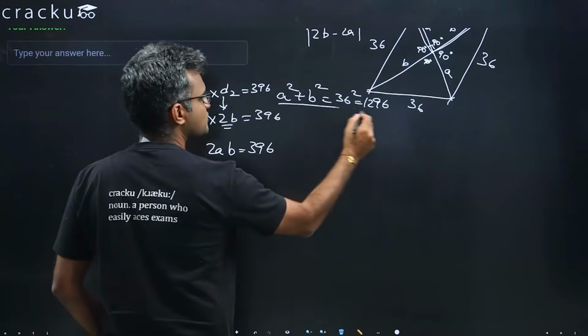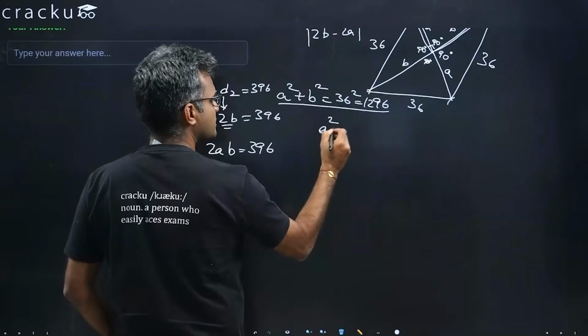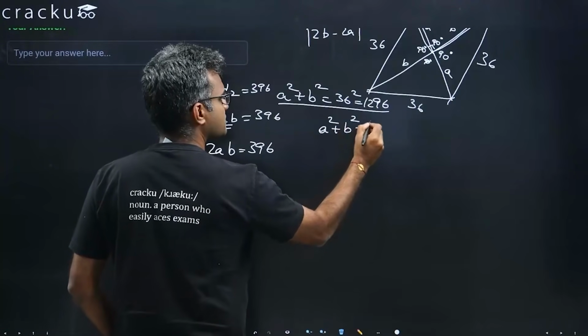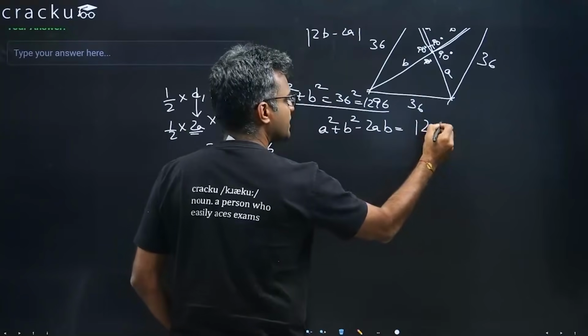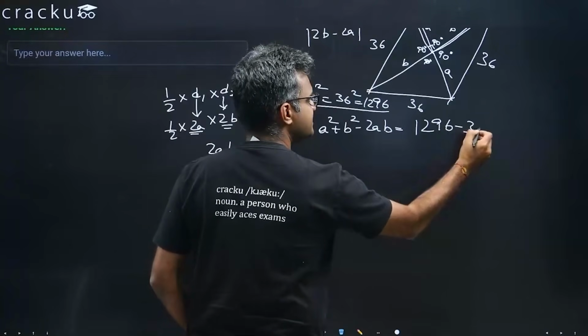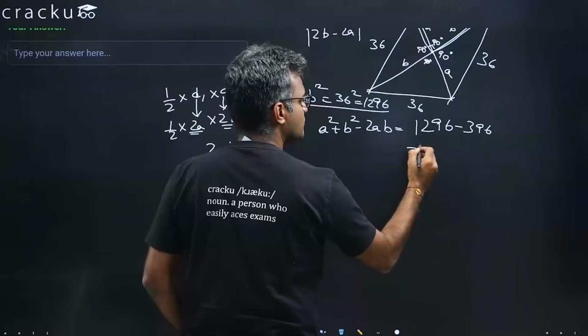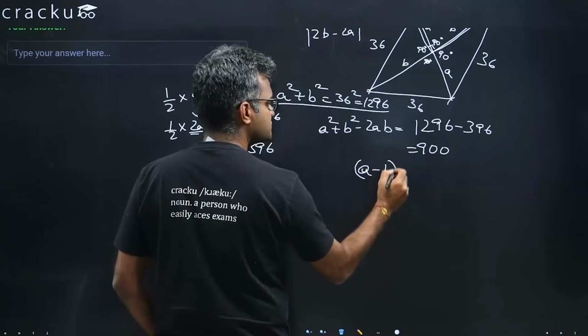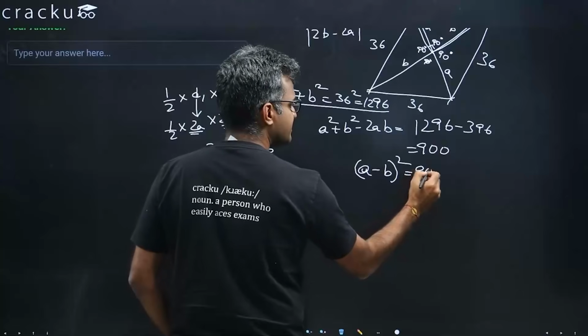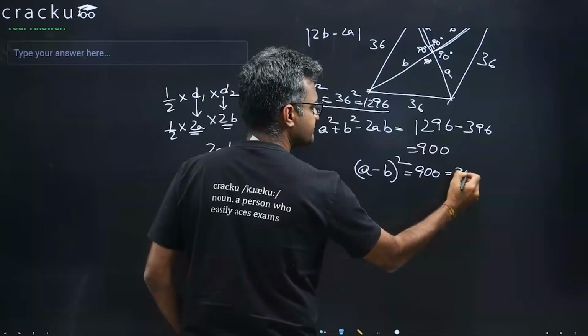A square plus b square is 1296. So a square plus b square minus 2ab will be equal to 1296 minus 396, which is equal to 900. Or the value of a minus b whole square is 900, which is equal to 30 square.